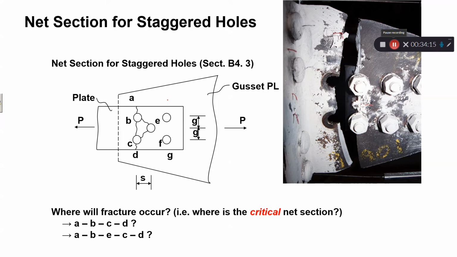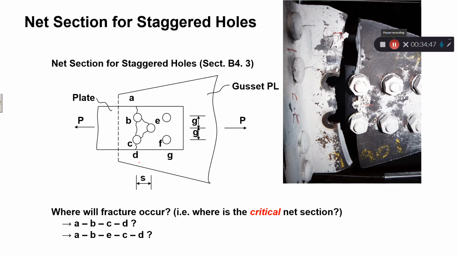If you examine the potential failure paths of the plates, there might be 2 failure possibilities. It could fail along the path A, B, C, D, or fail along A, B, E, C, D.